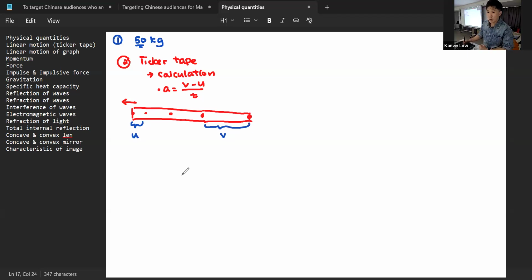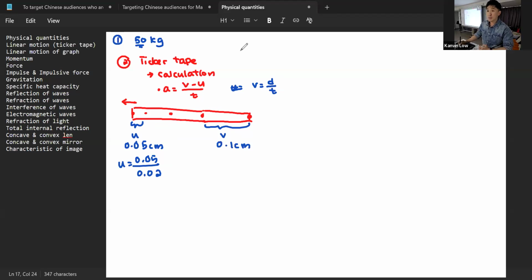Do you still remember how to find the u and v? Very simple, right? The formula is v equals displacement over time. For example, here is 0.05 cm, and here, let's say, is 0.1 cm. So u equals 0.05 divided by 0.02.